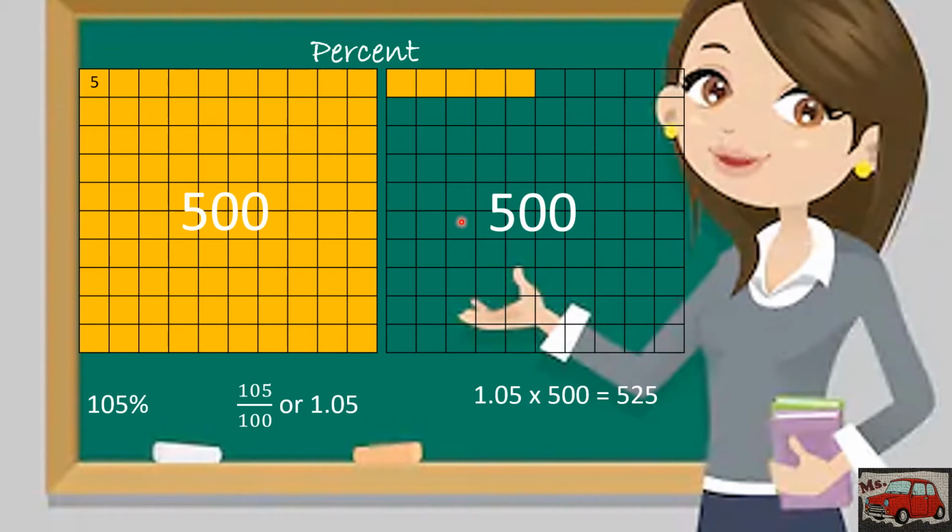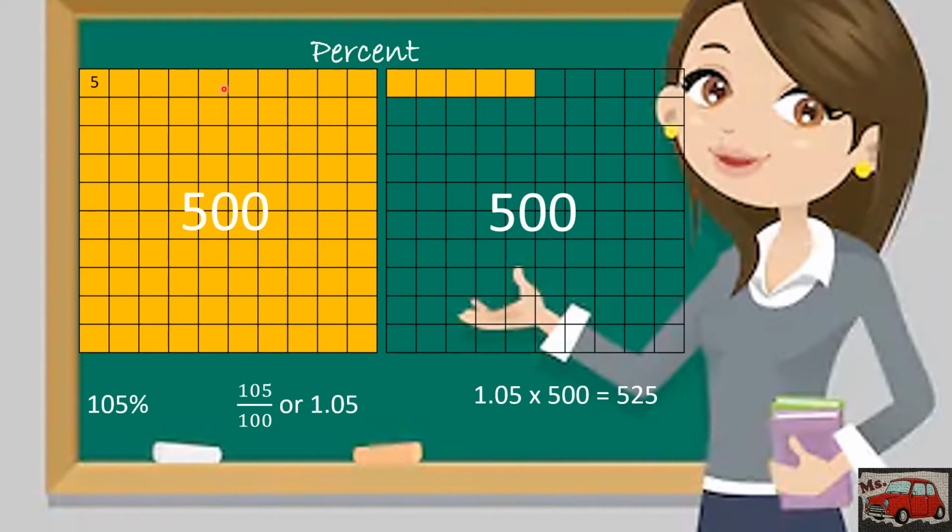Next. So here, we again have one whole. So now we already have 100%. Then in this case, we have 5 shaded parts, so we have an additional 5%. So in total, we have 105%. So let's find out the value of 105% of 500. So this whole is 500 pesos. Alright? So, here, the 5%, since each one is 5 pesos, so, 5 times 5, that is, what? 25 pesos, right?